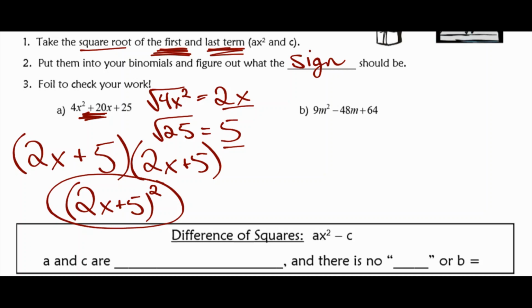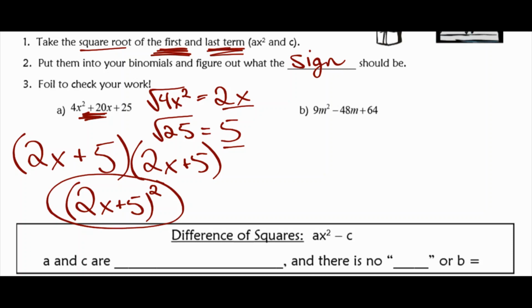Anytime A and C are perfect squares and a B exists, we're going to have the same factor twice. Again, if you don't recognize perfect squares easily, or you're not sure where any of those factors came from, you can use factoring by grouping and it would work just the same.